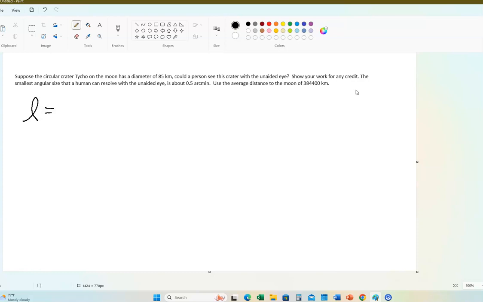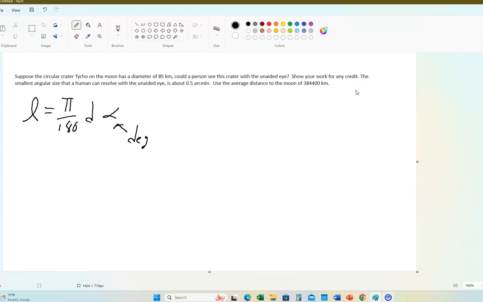We're going to use the numbers that we have in this formula, pi over 180, this is the angular size of things, times the distance to the object times the angular size of the object. Now they gave us the angular size in arc minutes, but of course this has to be in degrees. So we've got to change that, but that's pretty easy to do if you know the conversion.